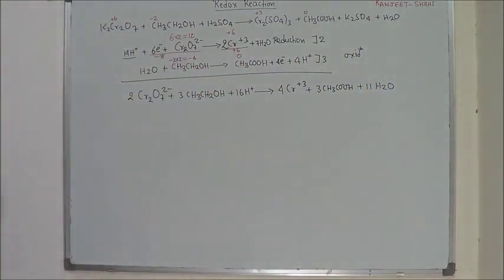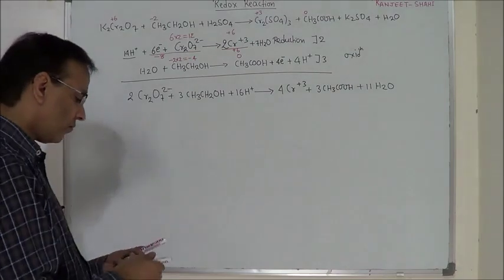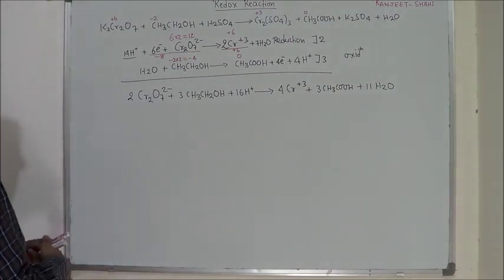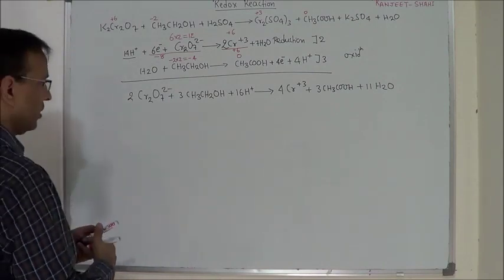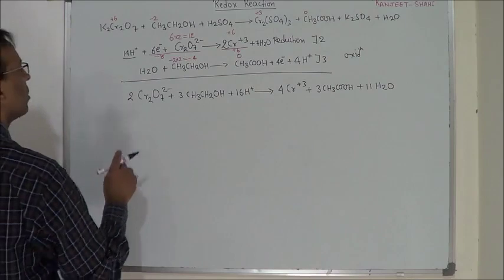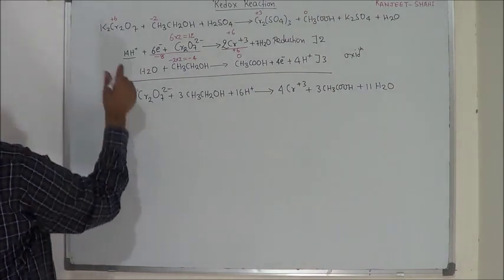Now compare the coefficient. Compare the coefficient. When you compare the coefficient, you'll find a balanced redox reaction, 2 dichromate.